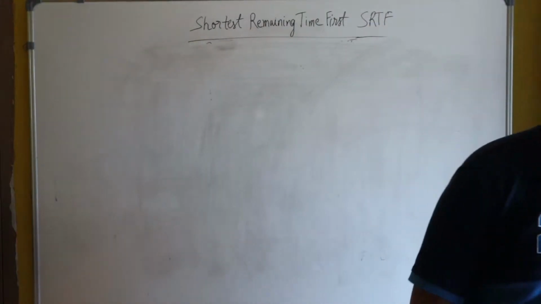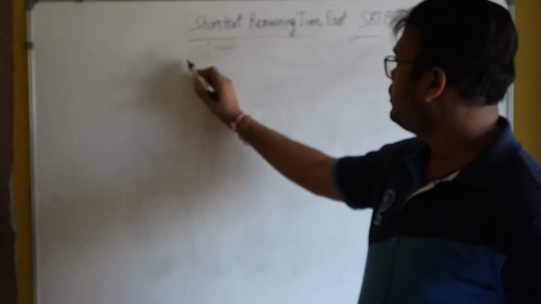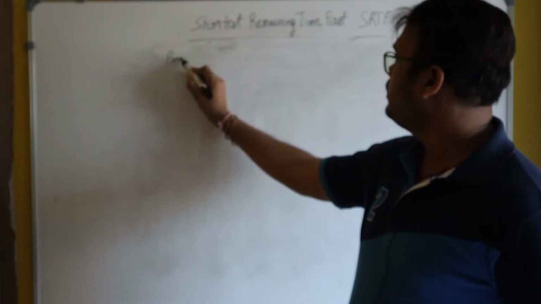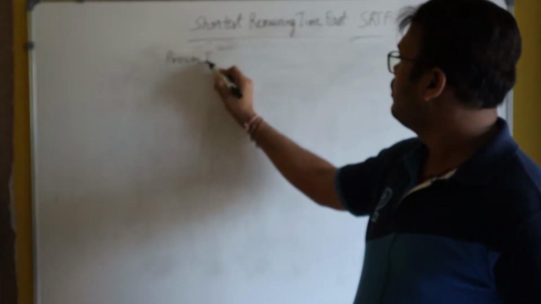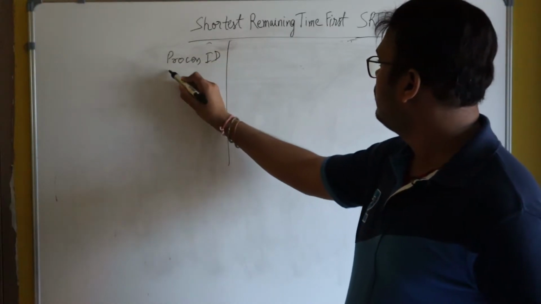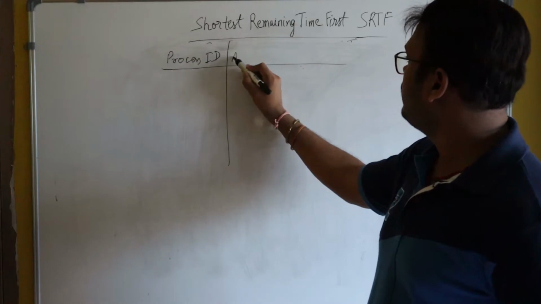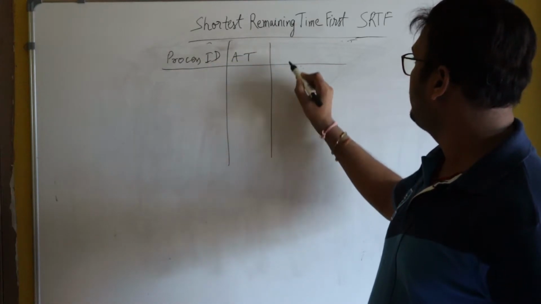So let's solve this question. We have process ID, then arrival time, then burst time.